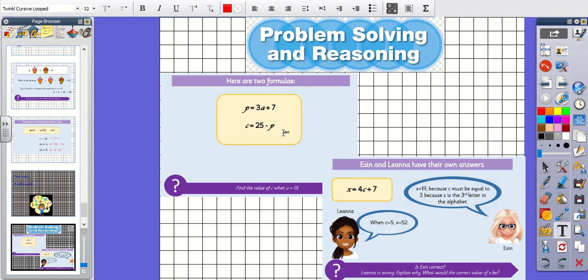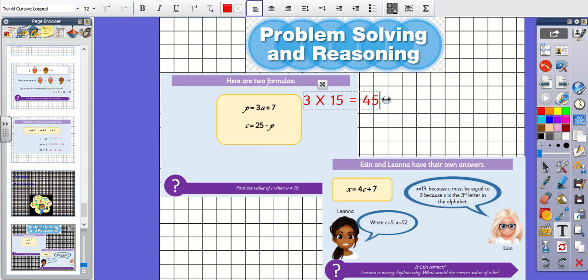Okay then, so problem solving and reasoning. Here are two formulae. So we've got P equals 3A plus 7 and C equals 25 take away P. Find the value of C when A equals 15. So we know here that 3A is 3 times 15, which would give us 45.